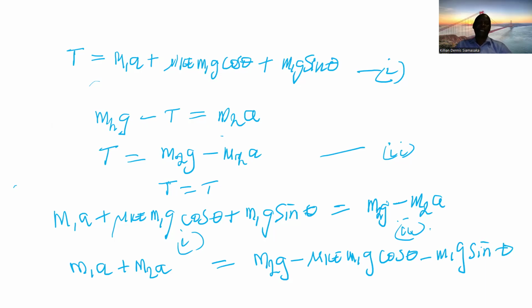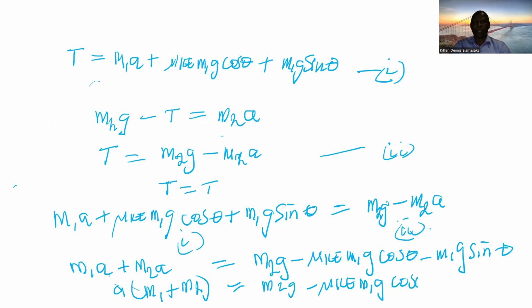So we can factor out the acceleration, which is common, and inside we are going to have mass 1 plus mass 2, which is equal to m2 g minus coefficient of kinetic friction multiplied by mass 1 g cos theta minus m1 g sine theta.